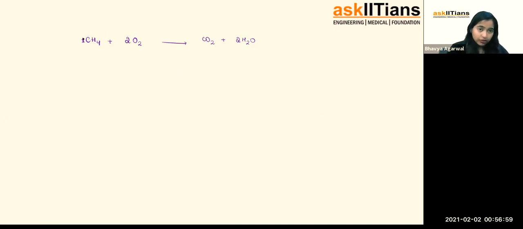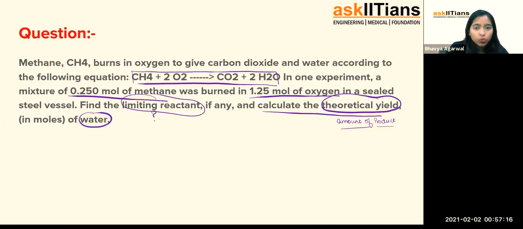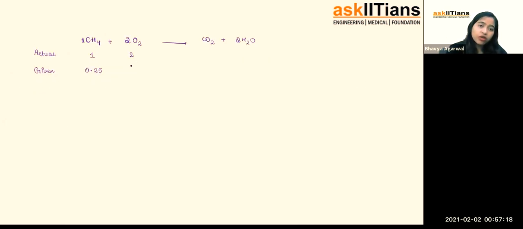This is the actual requirement, that is, a 1:2 ratio. Now, what is the given information? I'm given 0.25 moles of methane and 1.25 moles of oxygen, right? This is the given value.